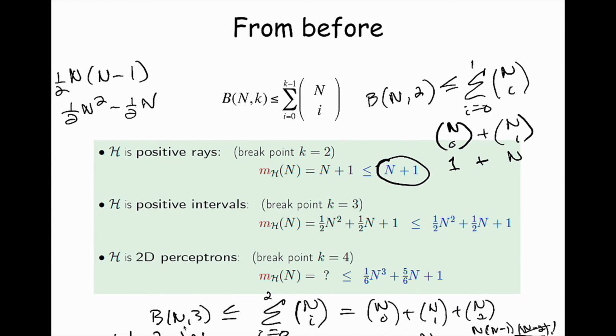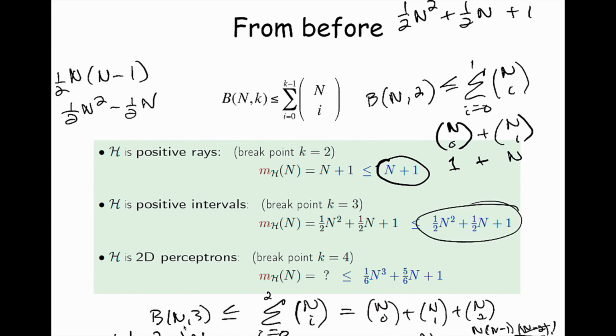Okay, so that's going to be 1/2 n squared, since 1/2 n and n give 1/2 n, plus 1/2 n plus 1. And that's exactly what we had for the growth function of positive intervals.